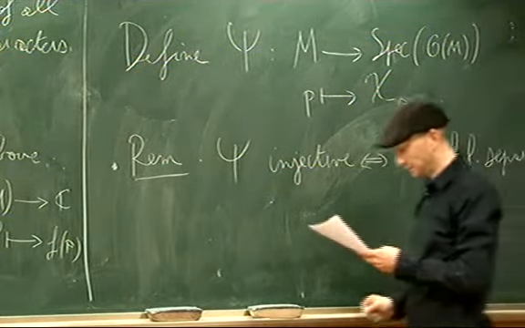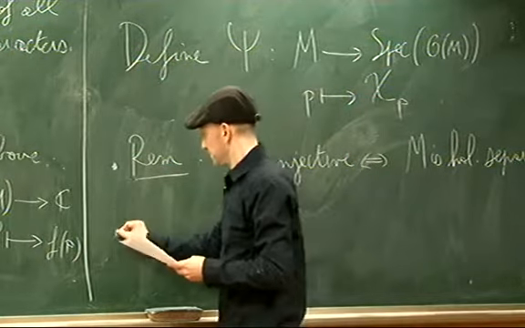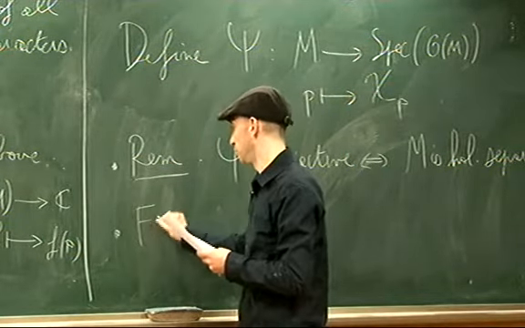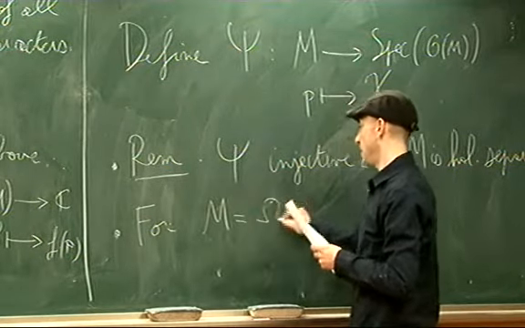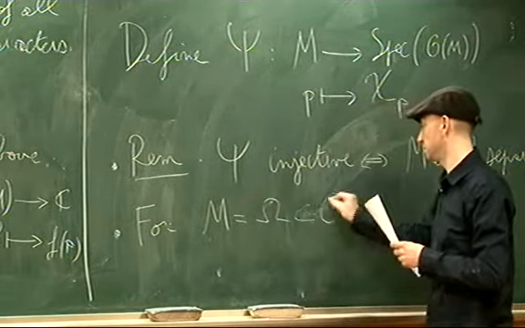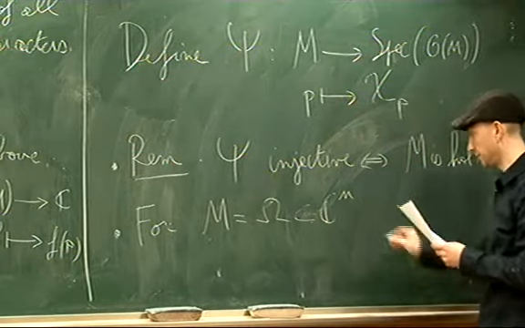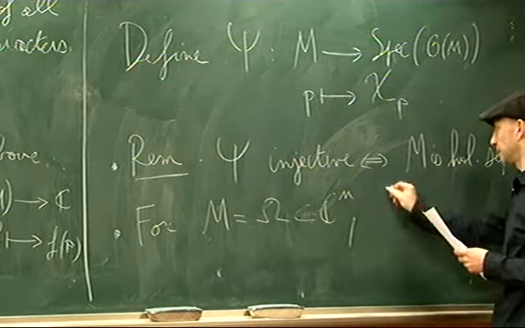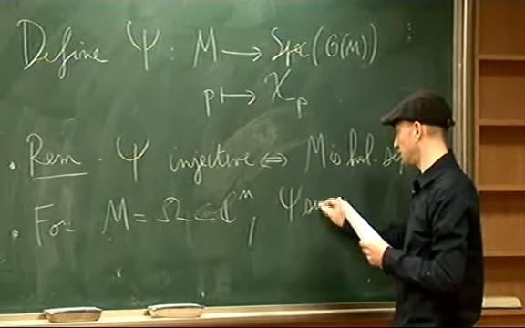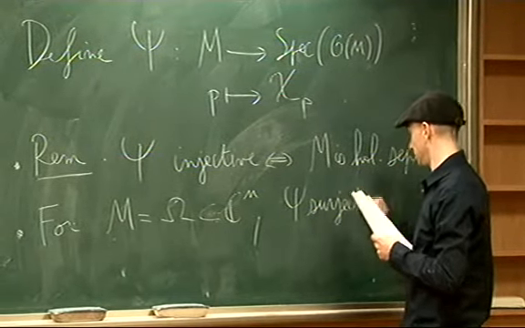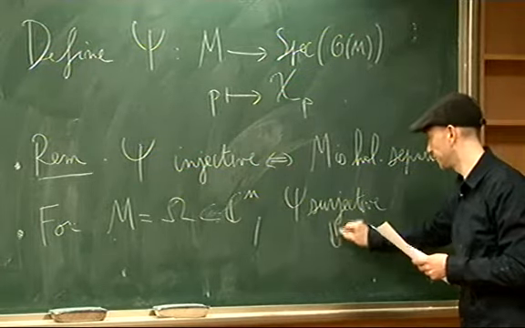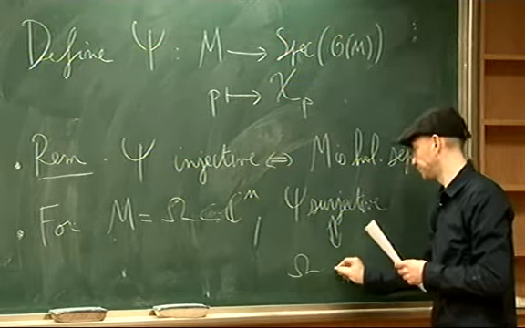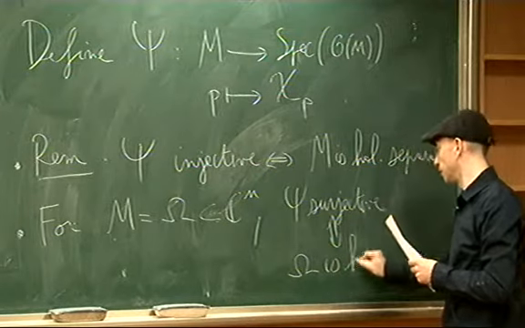Now, for the case when M is a domain Omega in some C^n, saying that psi is surjective is the same as saying that Omega is holomorphically convex.